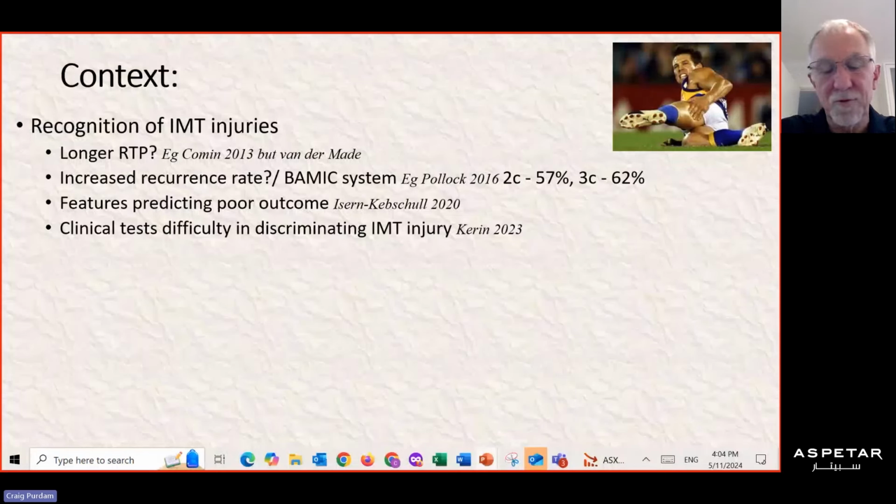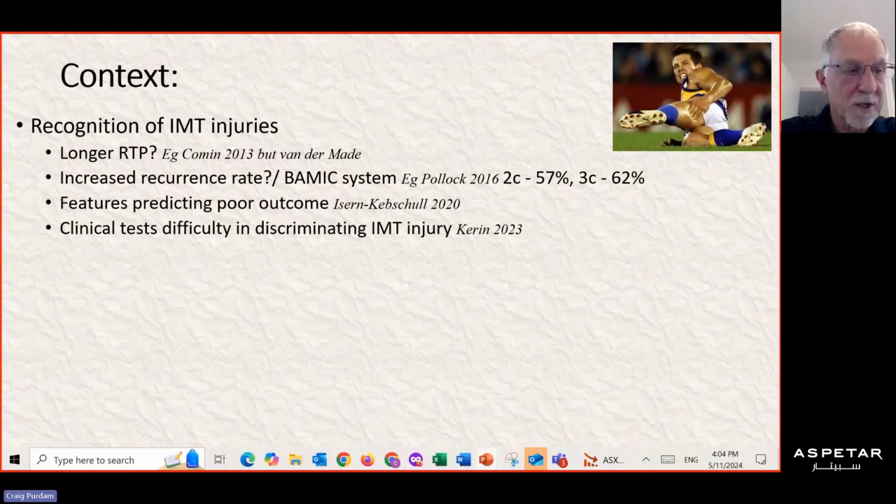it's really only 10 or 12 years ago that there was this increased awareness of intramuscular tendon injuries, and the initial work by Jules Common and others asked, is there a longer return to play with these injuries?